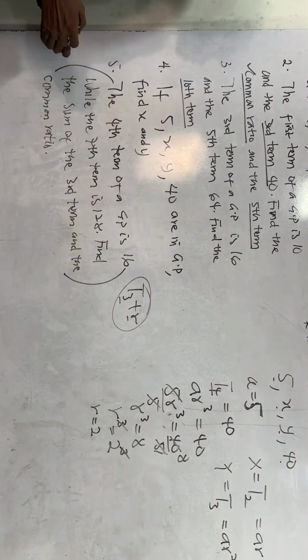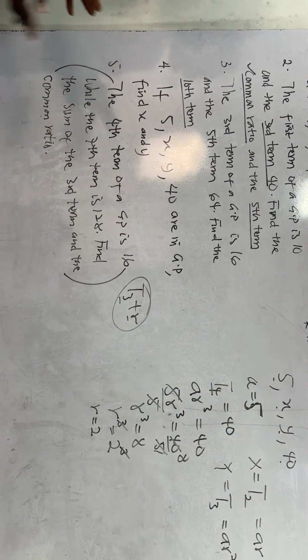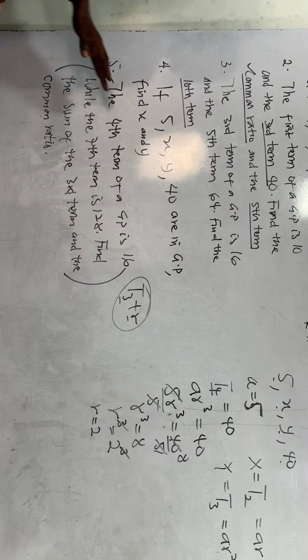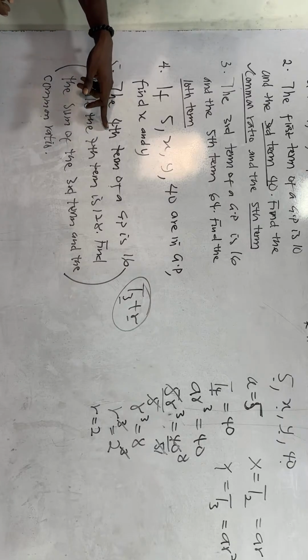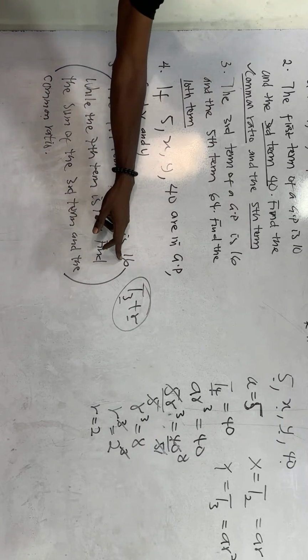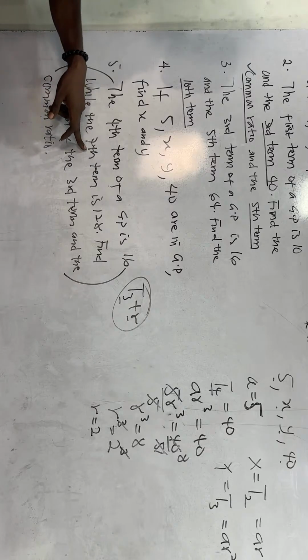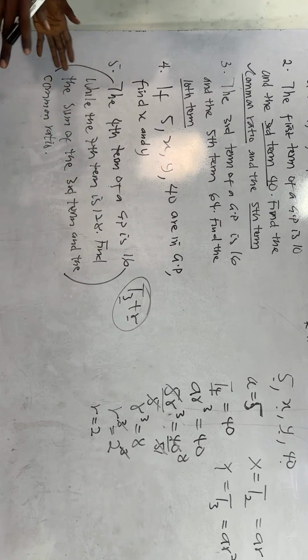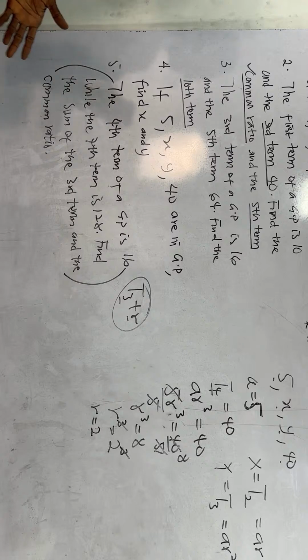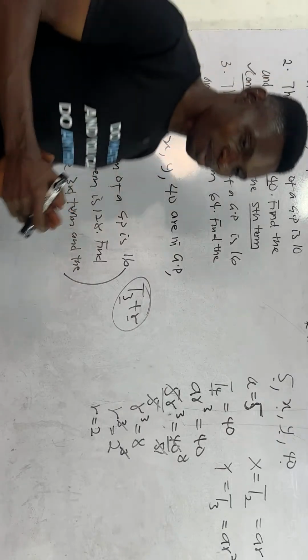So how do you get third term? You need A and R first. So you are given fourth term. So T4 is 16. T7 is 128. So I think that's enough explanation. So your 60 seconds starts now. So let's go. I'm waiting for your answers in the comment section.